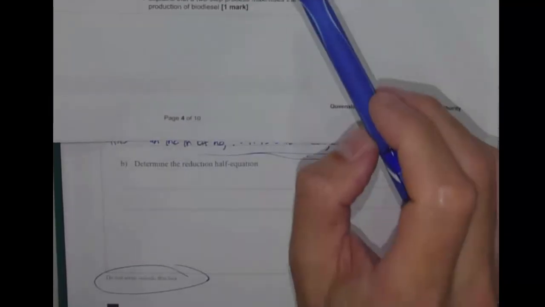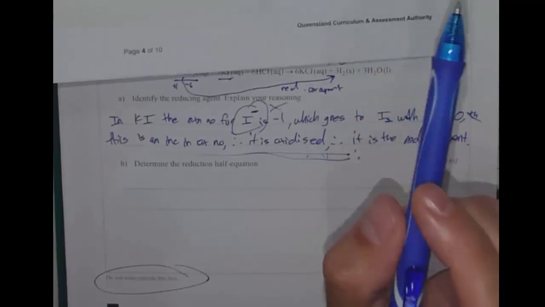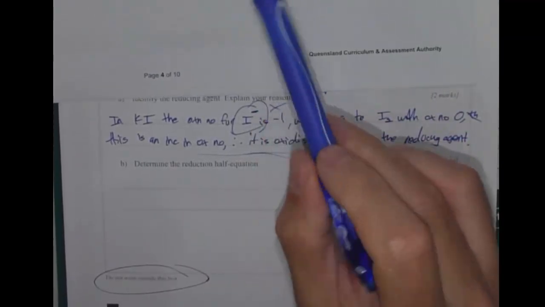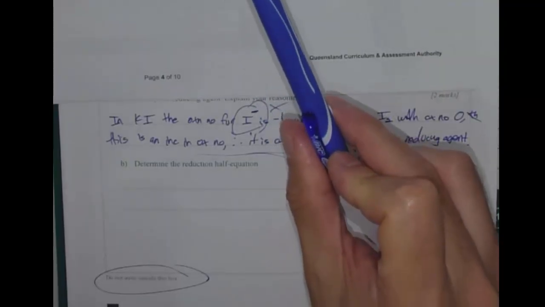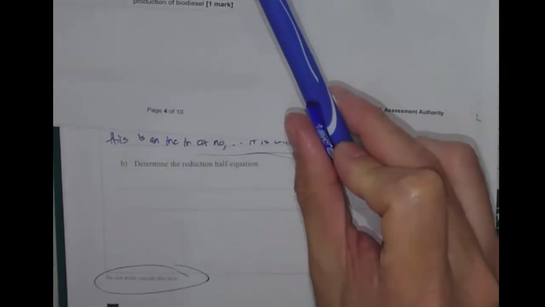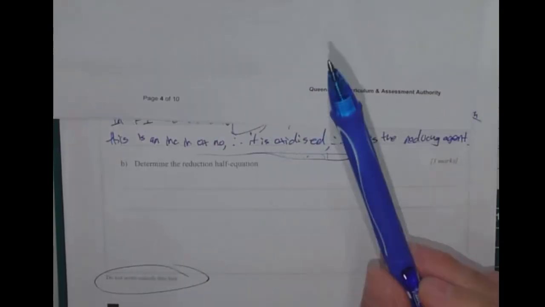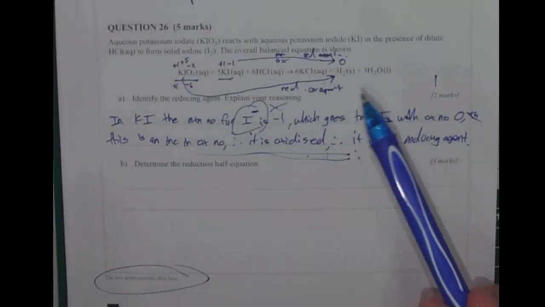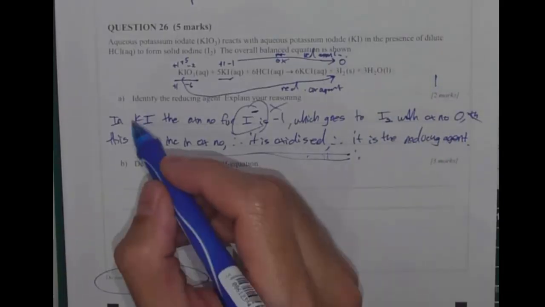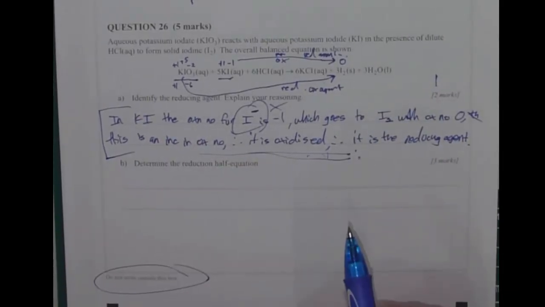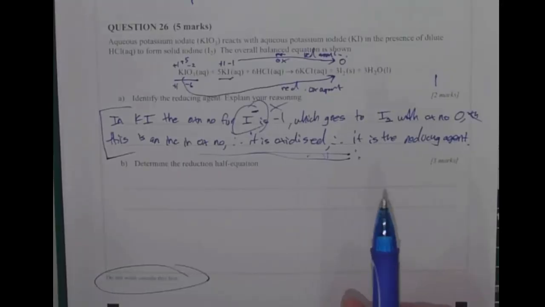Having just electron lost is probably not as good an answer as that, because its oxidation number changes. There's no strictly electrons gained or lost. It's not ionic and covalent bonding. If you look at the bonding triangle, it's going a bit too much in depth, but we'll leave it at that and keep it simplified. Really 2 marks, they shouldn't be doing this 2-line thing. Give us the space to elaborate.